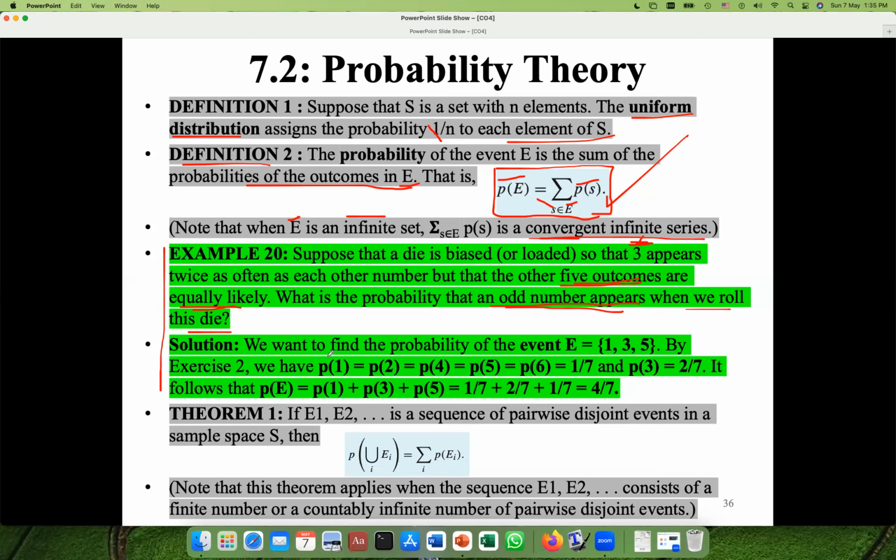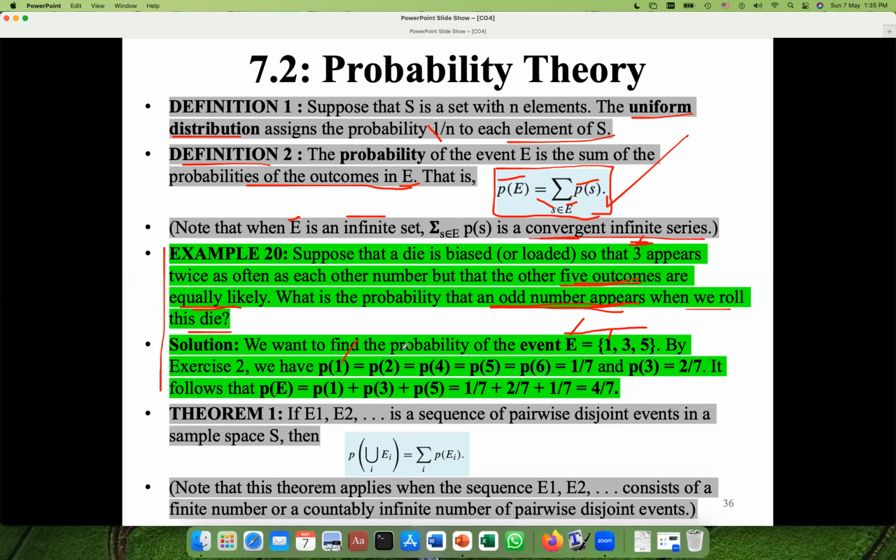Now we want to find the probability of odd numbers, and the event is 1, 3, and 5. This is odd. We want to find the probability of that event. Okay, that is the question. That is the event. And what is the space?